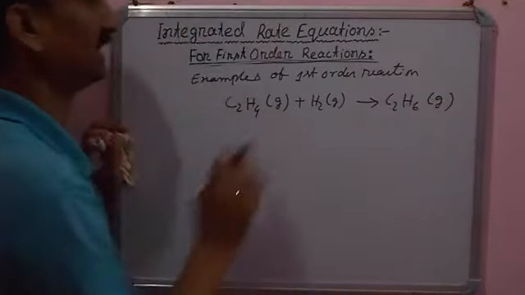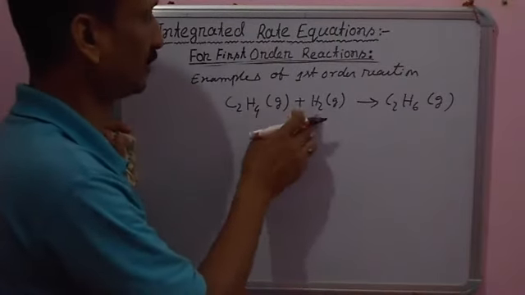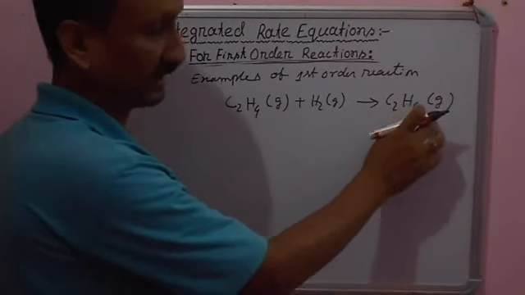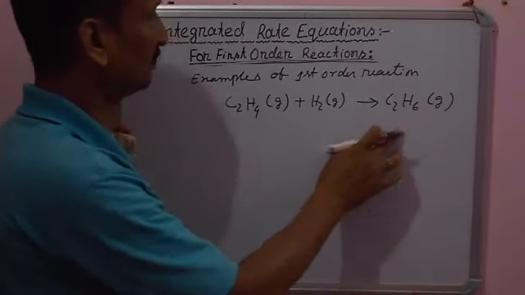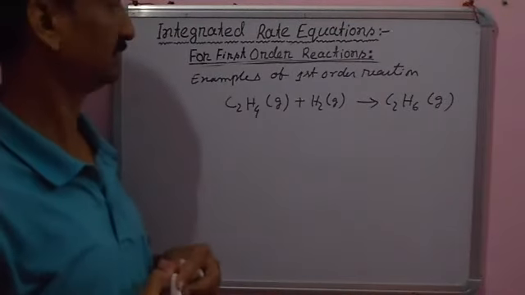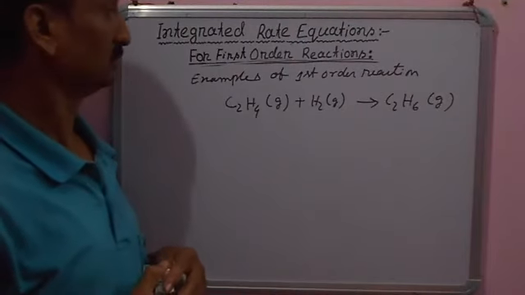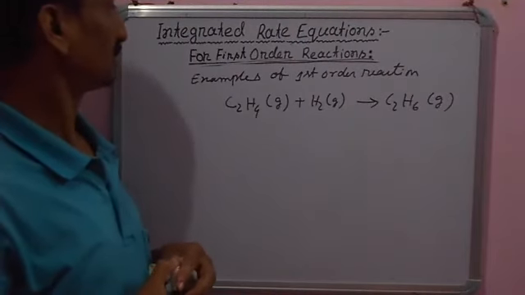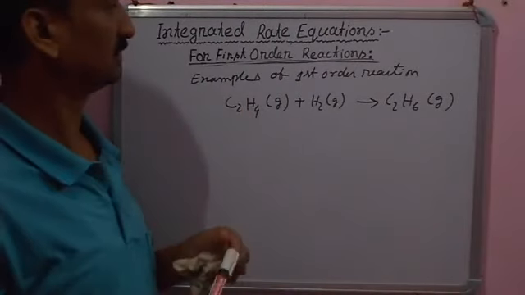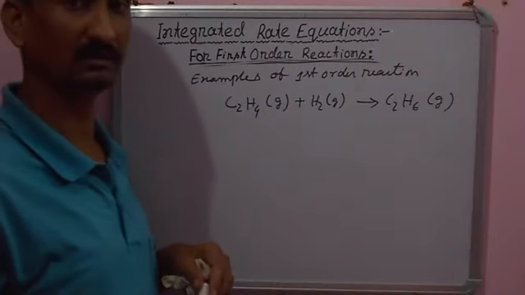So this reaction is an example of a first order reaction. Hydrogenation of ethene, that means addition of hydrogen to ethene, gives ethane. Similarly, any kind of radioactive decay, these are all first order reactions. So this is the integrated rate equation for first order reactions, and this is for today. Thank you.